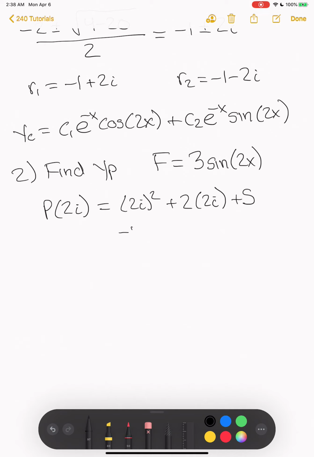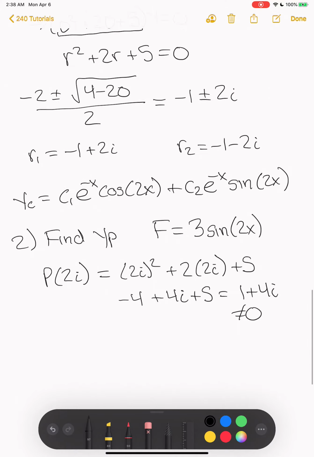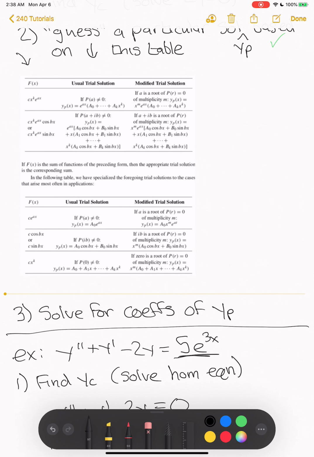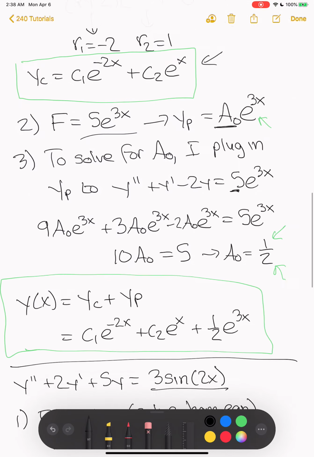Here I get -4 plus 4i plus 5, which gives me 1 plus 4i. And that's obviously not 0. So I checked their condition, and I'm allowed to use the particular solution, that linear combination of sines and cosines.